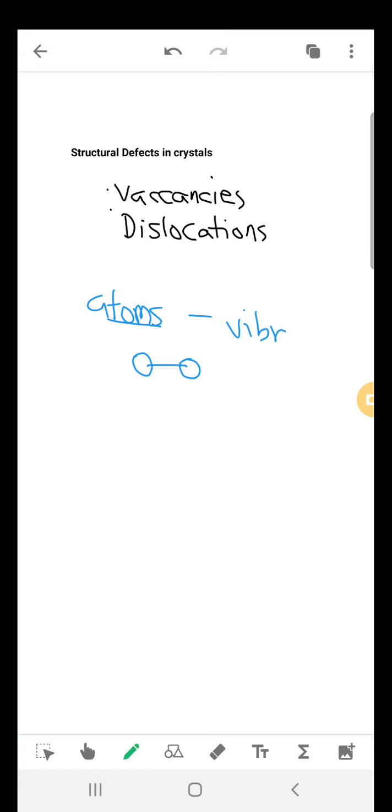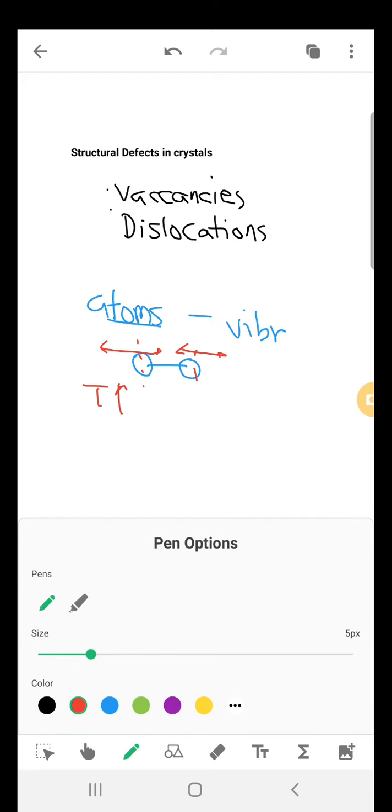Now, when we increase the temperature, the vibrations enhance, and so whatever may be their equilibrium positions, the atoms start to get displaced from their equilibrium positions, and we need to find out the magnitude of this effect.